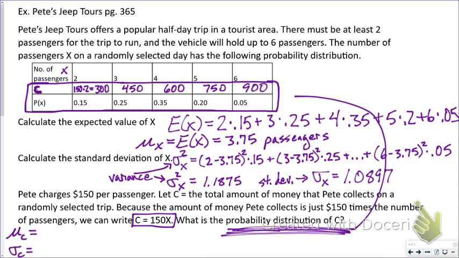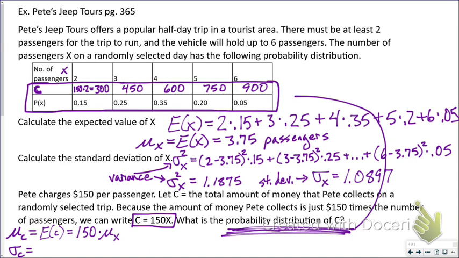So, I mean, one way to do this is you could go 300 times 0.15 plus 450 times 0.25 and redo the expected value. It's the same concept. But if I write all that out, all those terms, can't I just factor out a 150 and do it faster by writing this down?